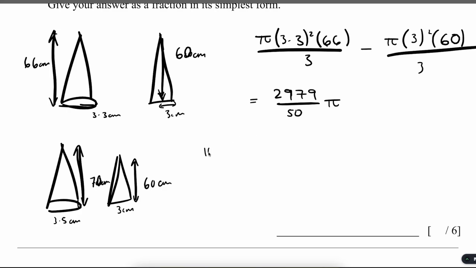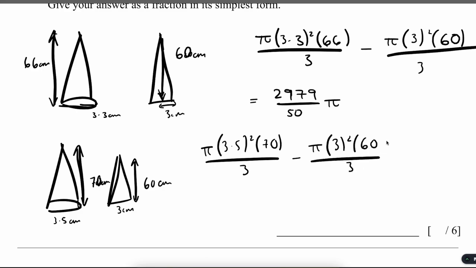So we've got pi 3.5 squared times height 70 over 3, minus pi 3 squared times 60 over 3, which, if you use your calculator, is equal to 635 over 6 pi.